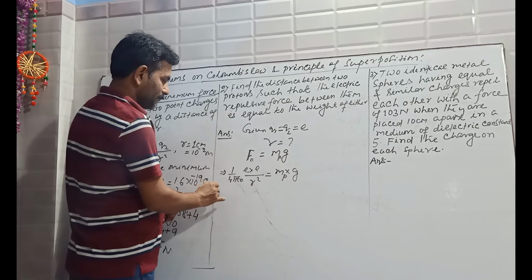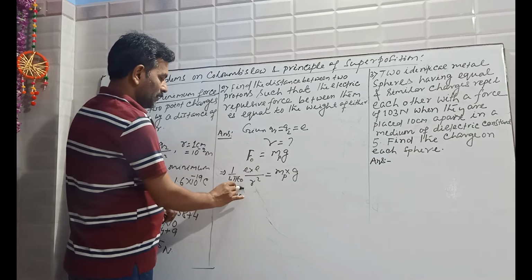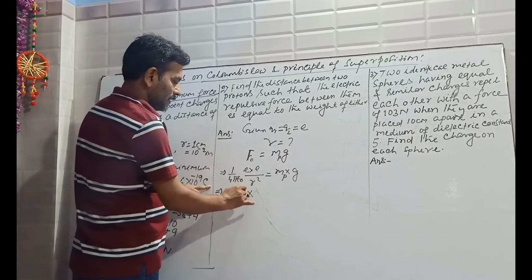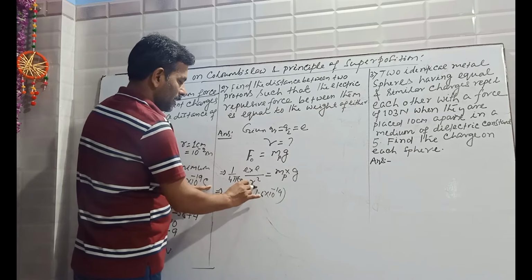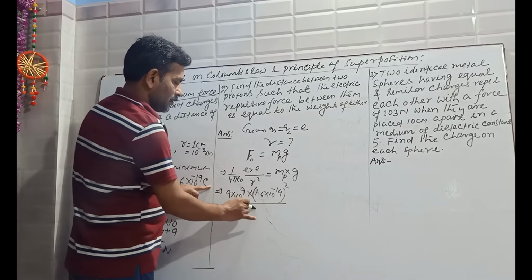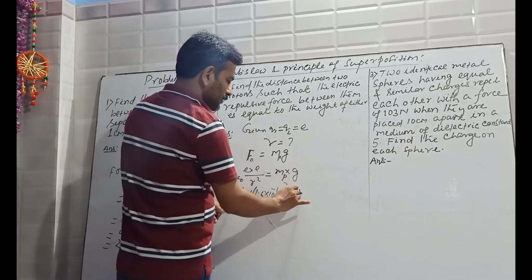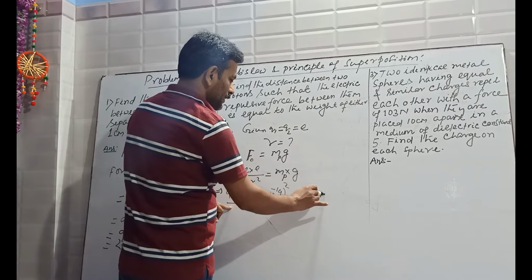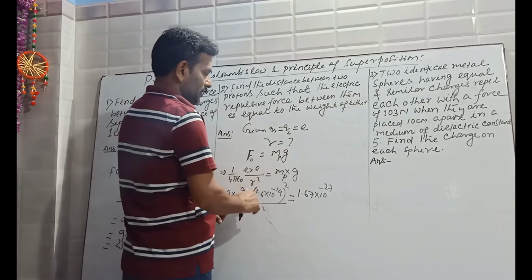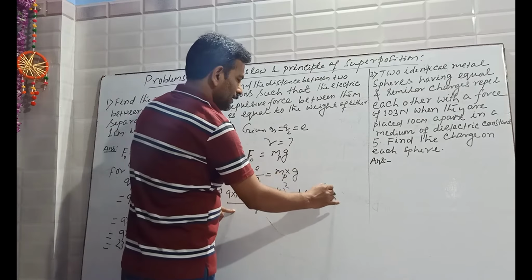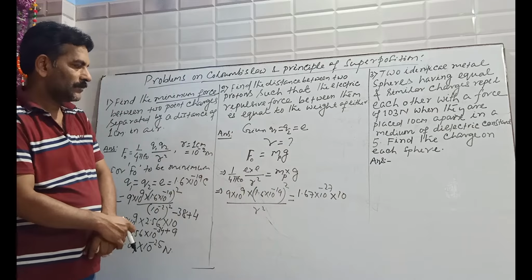So you see, 9 into 10 to the power 9, E square is 1.6 10 to the power minus 19 square, by R square. Mass of proton is how much? 1.67 10 to the power minus 27 kg. Mass of proton into G. Value of G you take 10.